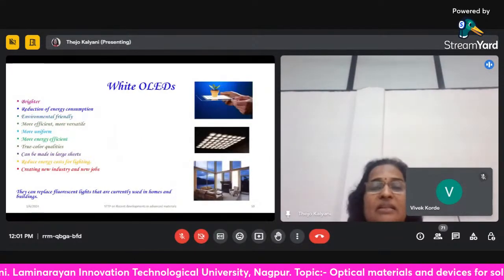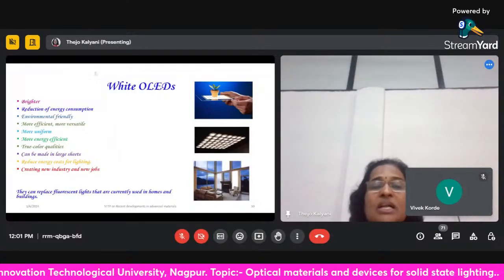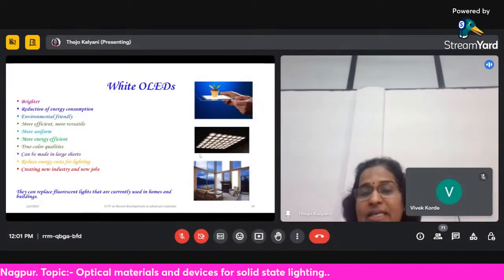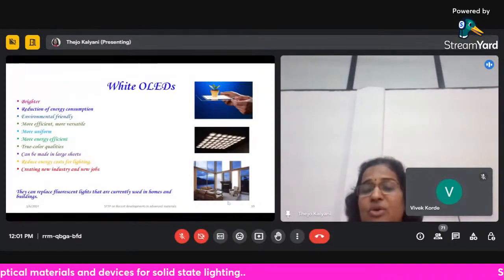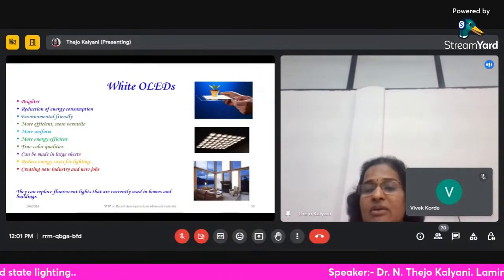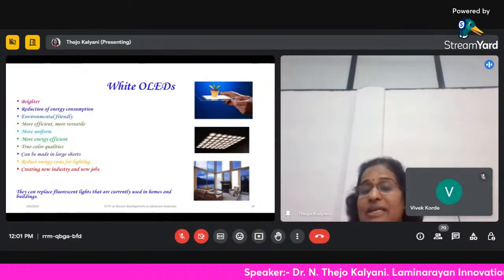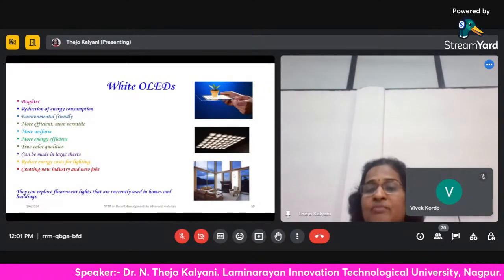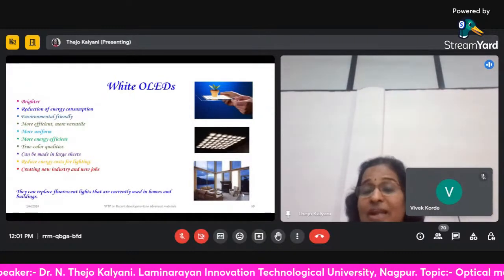And we are interested in white OLED because of these reasons. If you look at solid state lighting here, the rooms of our houses in the near future would look like this. If we use these OLEDs for solid state lighting, instead of bulbs we can just coat. This is the advantage of OLED.